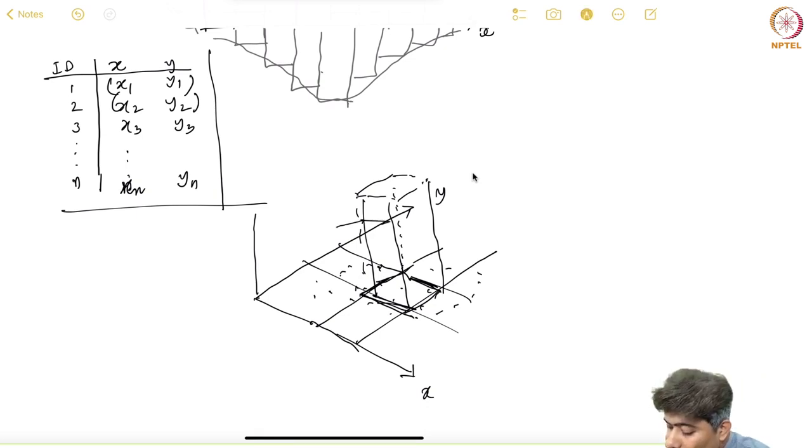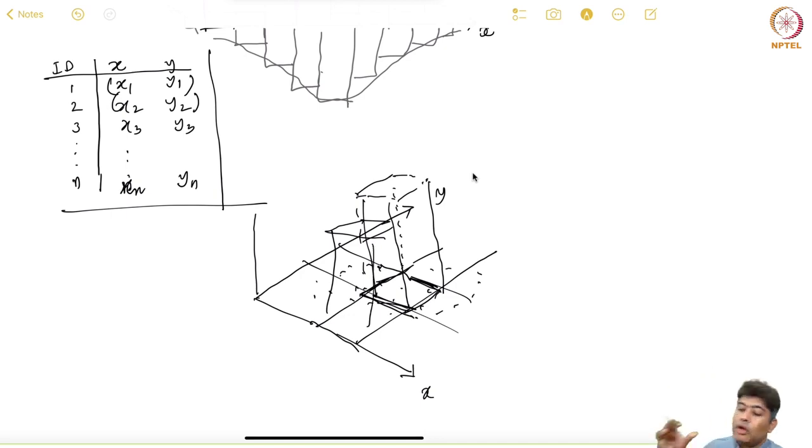It gives us an idea of the joint distribution of x and y.